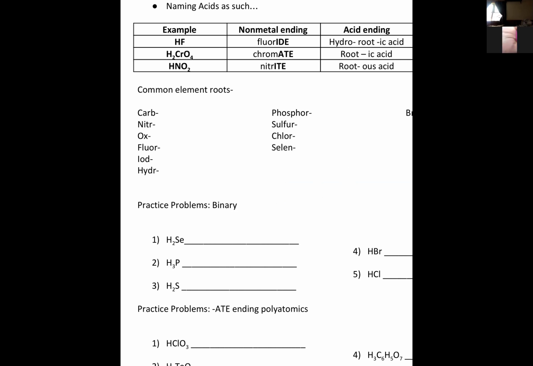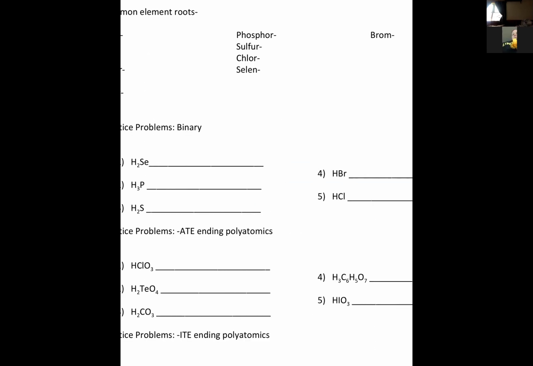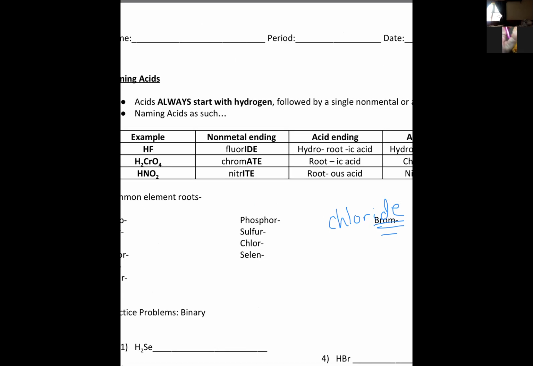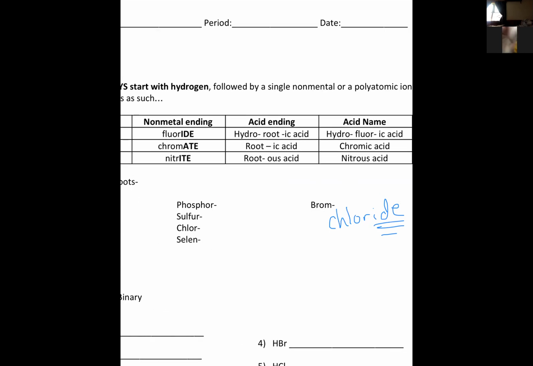So for example, down here, let's do number 5 because we've done 5 a bunch of times. So you probably already know what number 5 is. We have H and Cl. Cl is chloride. And anything that has an ide ending, when you go back up here, you say, all right, if I have an ide ending, I need to be using this naming method.